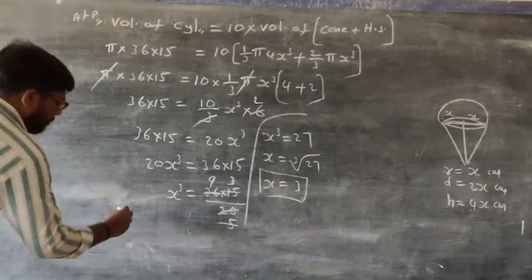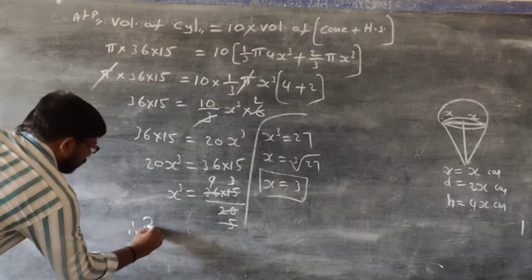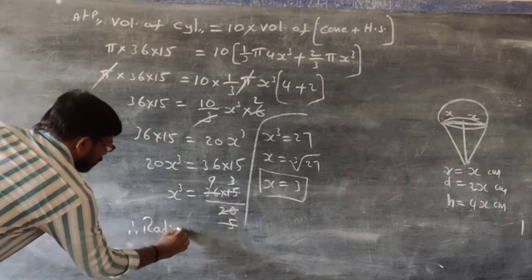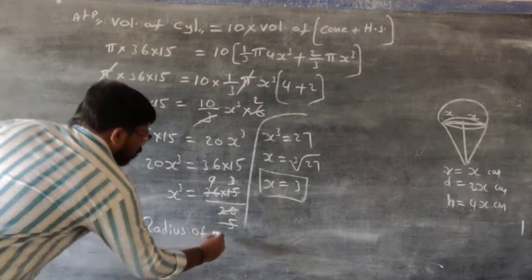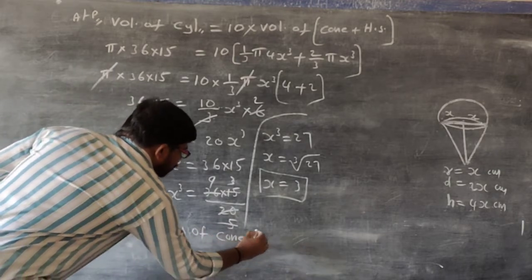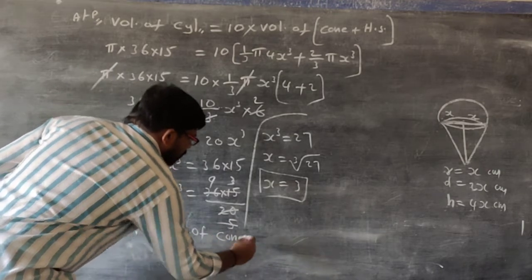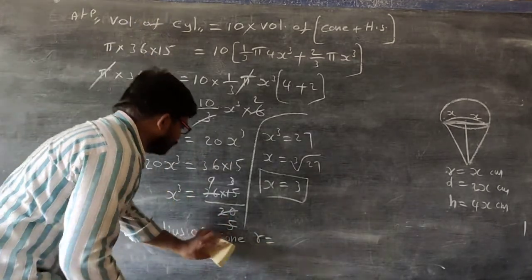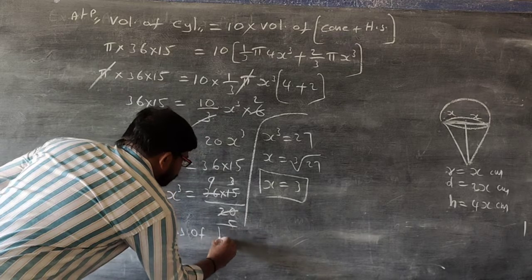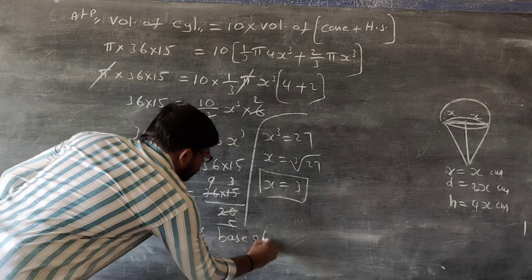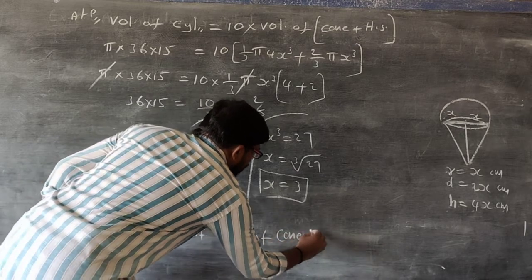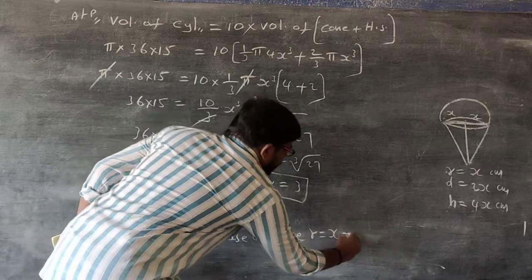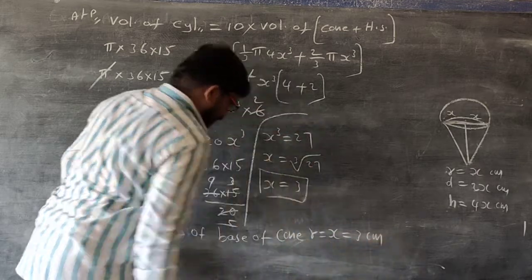So therefore radius of cone R is equal to radius of base of cone, R is equal to x, that is equal to 3 centimeters, right?